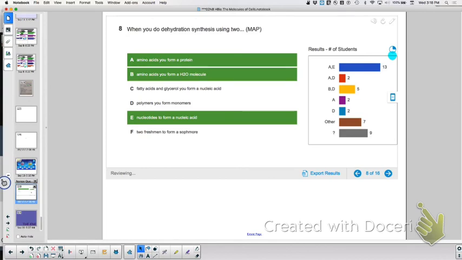Fatty acids and glycerol, will you form a nucleic acid? No. What do you build when you have fatty acids and glycerol? You form a fat, specifically a lipid. Okay? Polymers form monomers. No, what is it? Monomers form polymers. Nucleotides to form a nucleic acid? Yes, and then that one was just because.